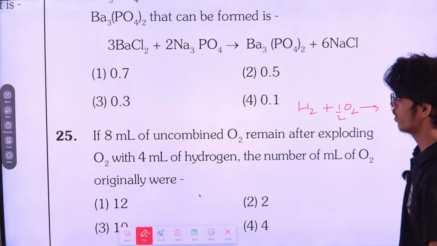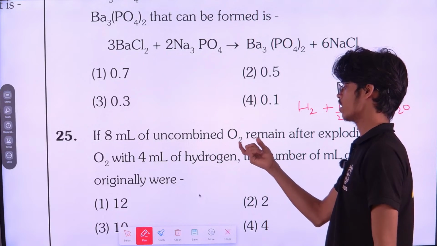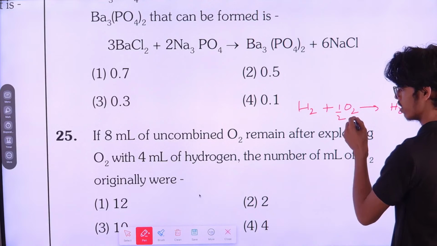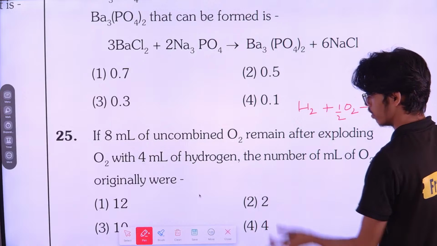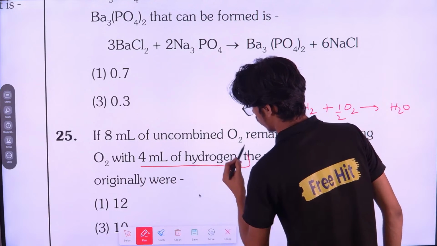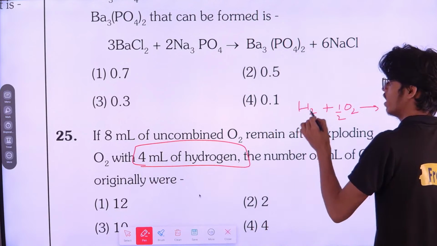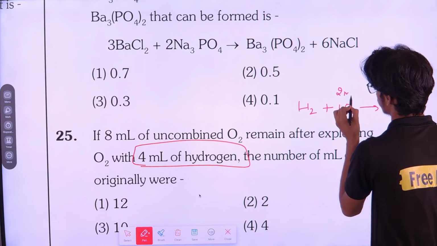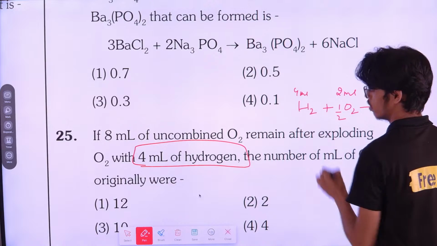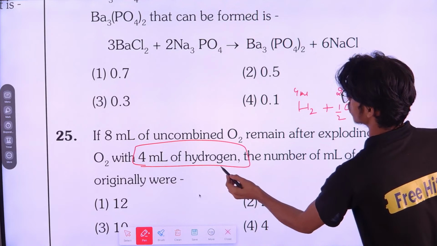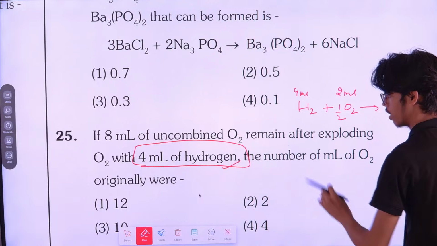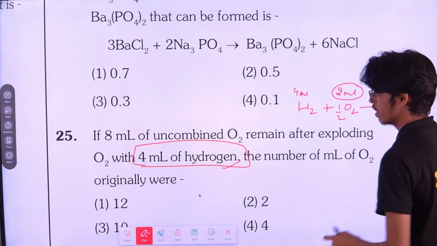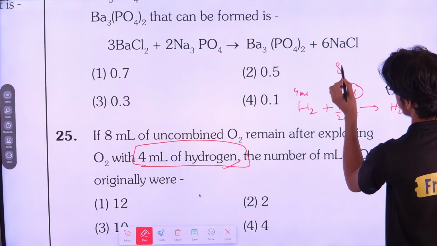So 8 milliliter was left, rest got reacted with 4 milliliter of hydrogen. So 4 milliliter of hydrogen can react with 2 milliliter of oxygen, right? Yes or no? Because the rest of it reacted with 4 milliliter of hydrogen, it means 2 milliliter of oxygen must have been present and 8 milliliter was already left.